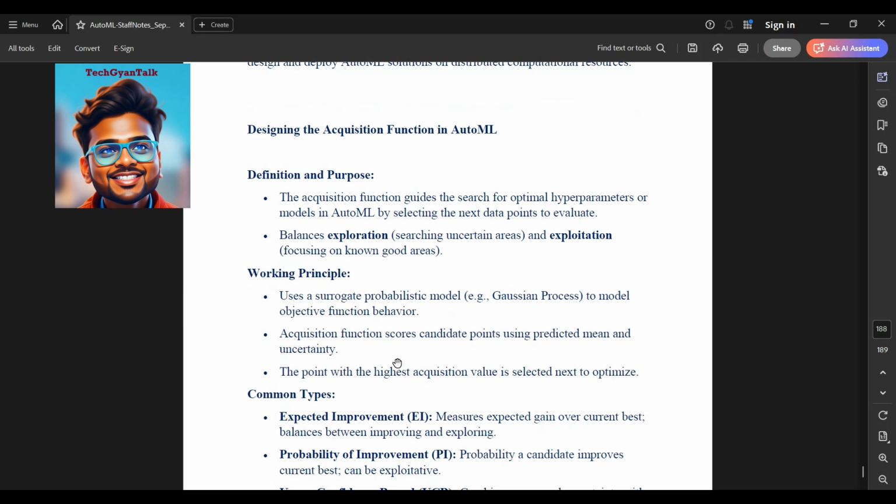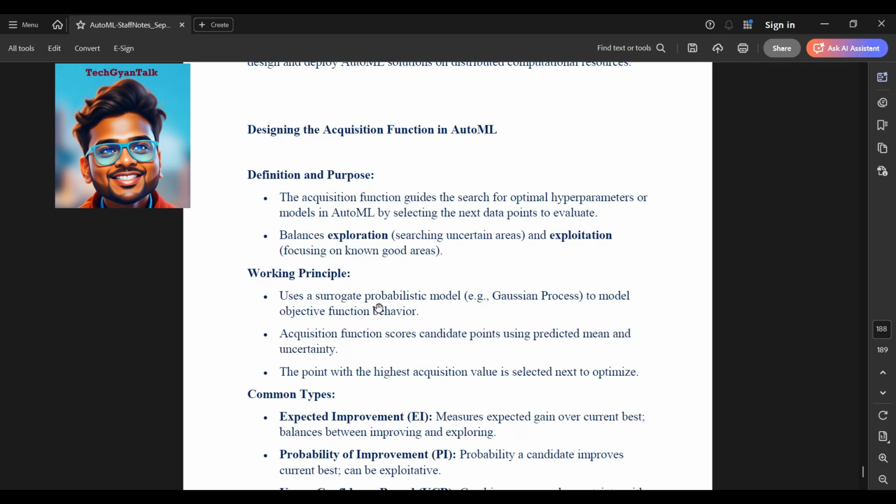And next, as an additional topic, is designing the acquisition function in AutoML. The acquisition function guides the search for optimal hyperparameters and models in AutoML by selecting the next data points to evaluate, balancing exploration, searching uncertain areas, and exploitation, focusing on known good areas.